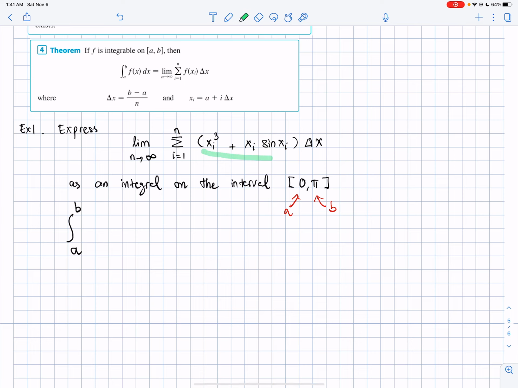This is going to be our function, with no i. So it will be x cubed plus x sine x. This whole thing here represents f of x, so we just write f of x dx, and that's it. They give us the Riemann sum, and we want to write it in integral notation.